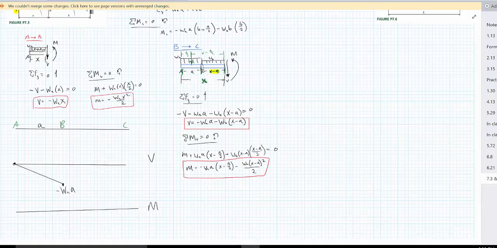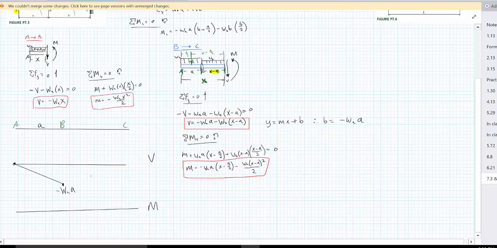So for the shear going from B to C, if we look at it again, negative W sub A times a is a constant, because this equation is really a complicated form of something that you've seen before, which is just y equals mx plus b, where in this case, b equals negative W sub A multiplied by a.